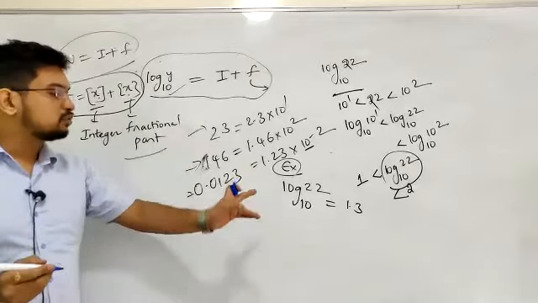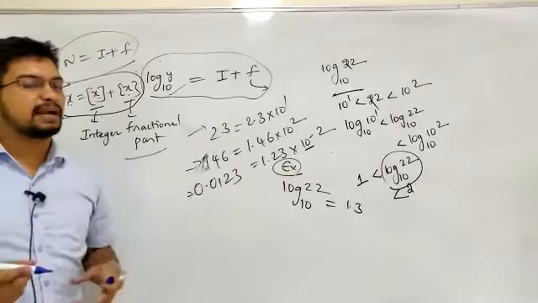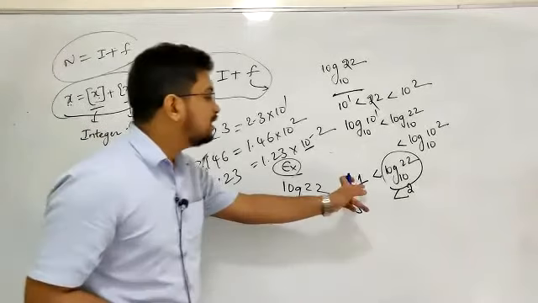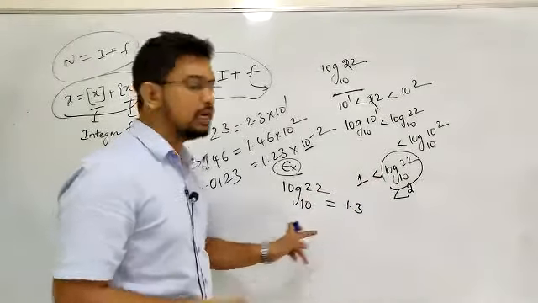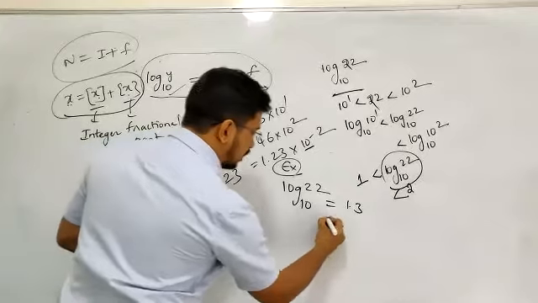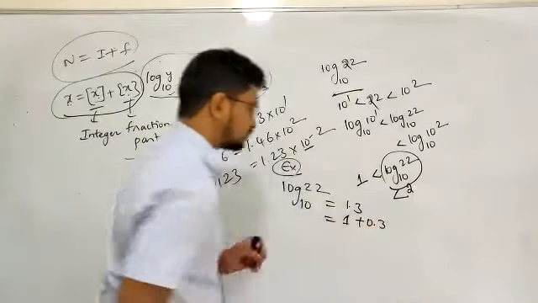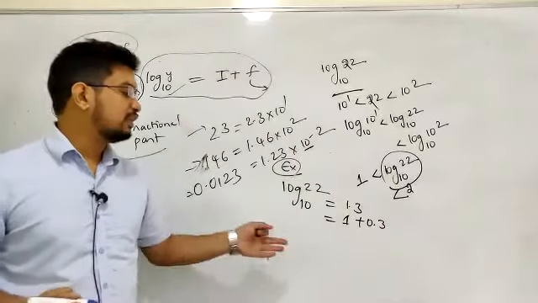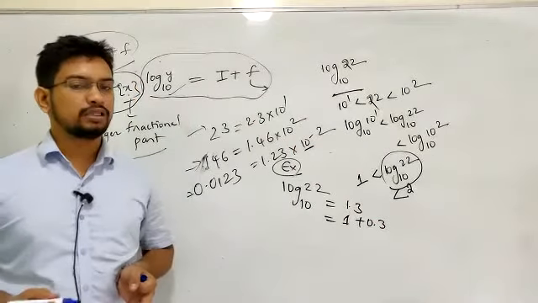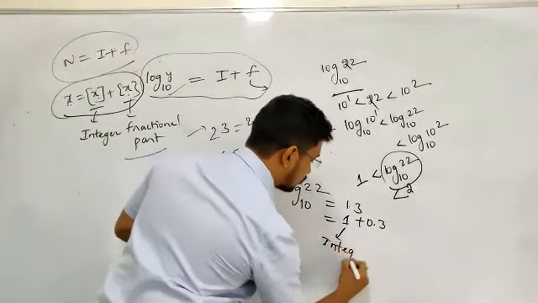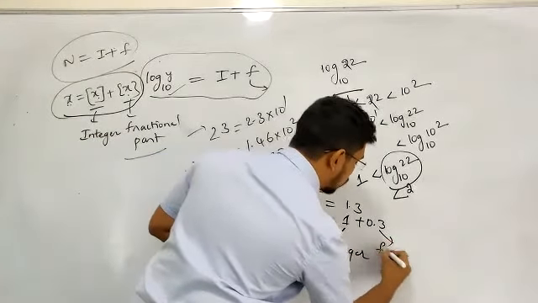For every number we consider, we have some integer part and also some fractional part. Now this 1.3 I'll write as 1 plus 0.3. This 1 is called the integer part and this 0.3 is called the fractional part.